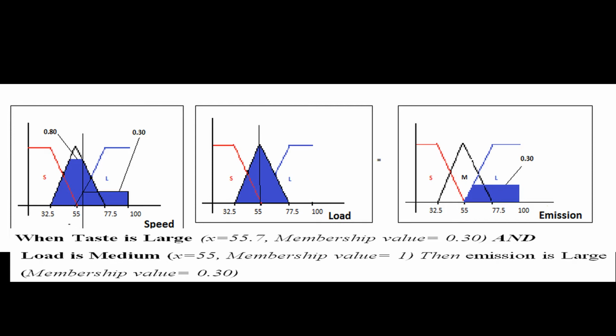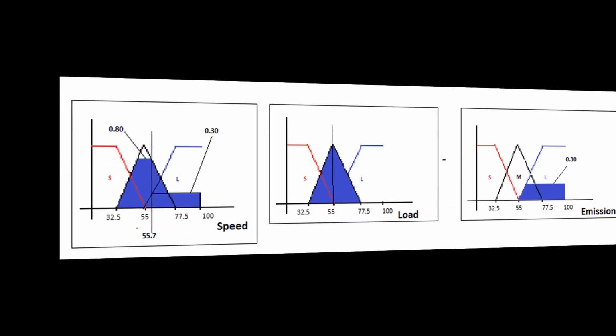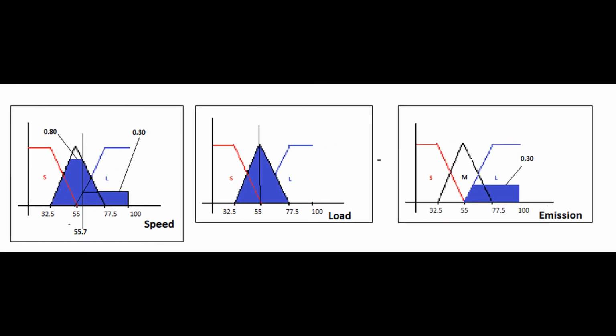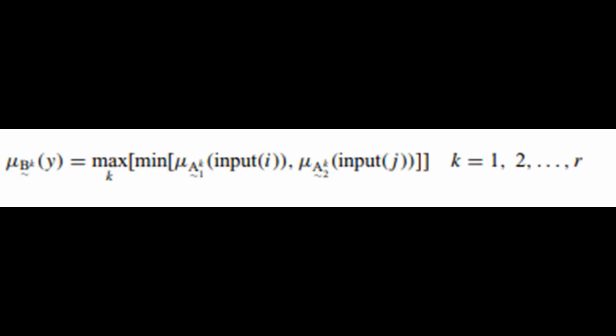Then the final combined output is given, or you can see it in the emission graph on the right hand side. We have just combined the outer boundaries of each fired rule in the output graph to get the combined fuzzy output. Note that combining all such different rules is what we call a Mamdani system. If you observe this particular formula, it is a combination of the max and the min operation, and the min operation is on the particular rule that is being fired.